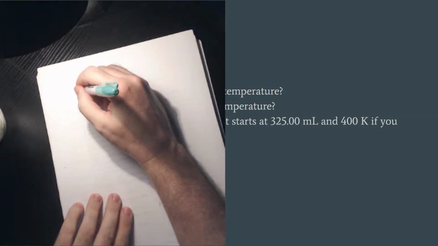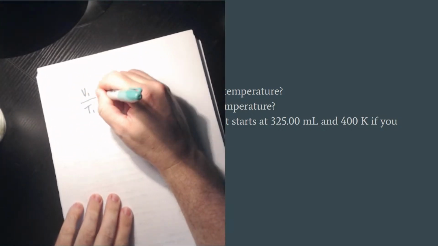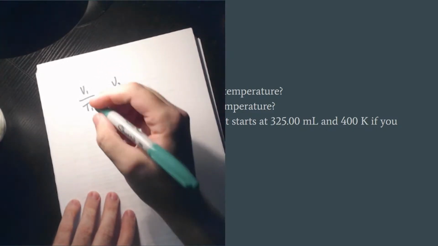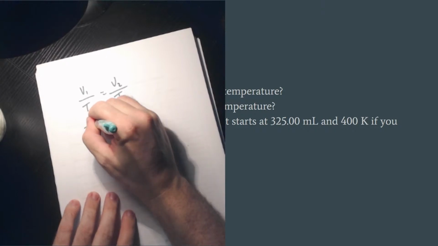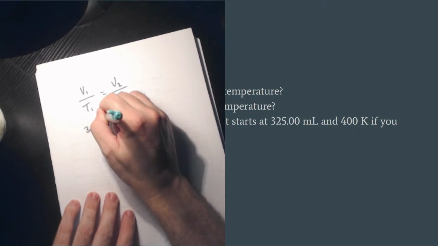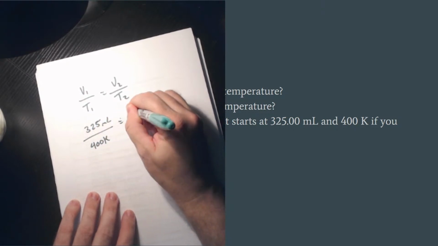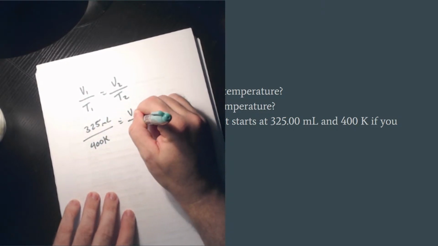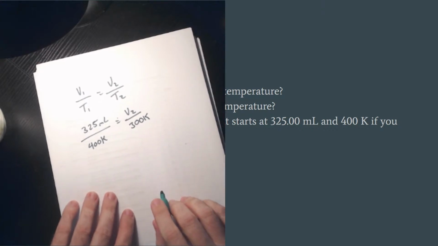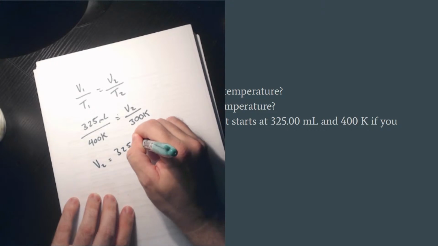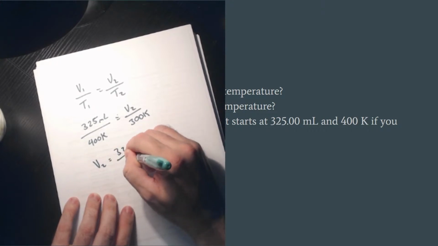All right. So V1 over T1 equals V2 over T2. It started at 325 mils and 400 Kelvin. We don't know what the final volume is, but it ends up at 300 Kelvin. So our final volume is 325 times 300 divided by 400.